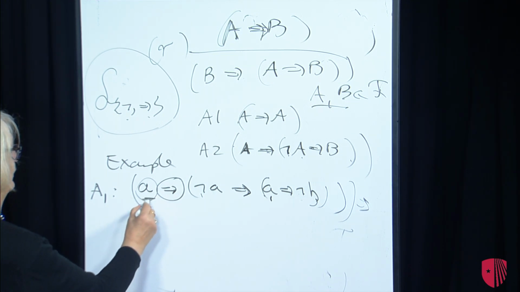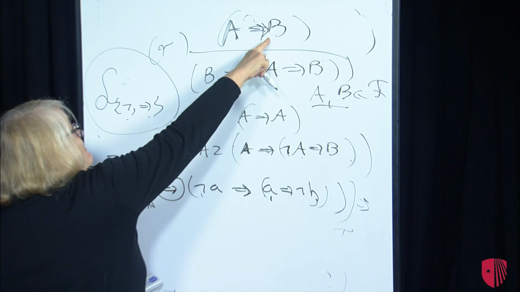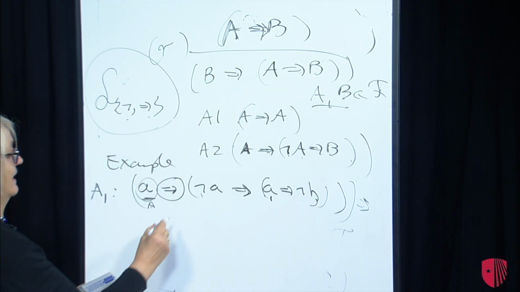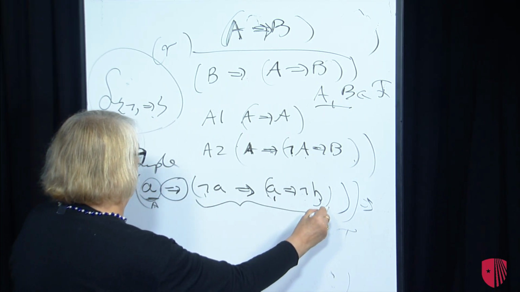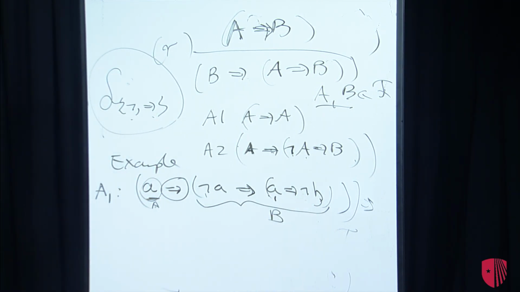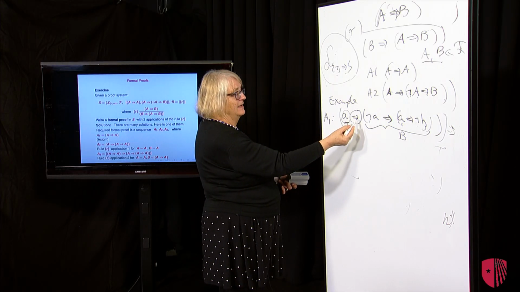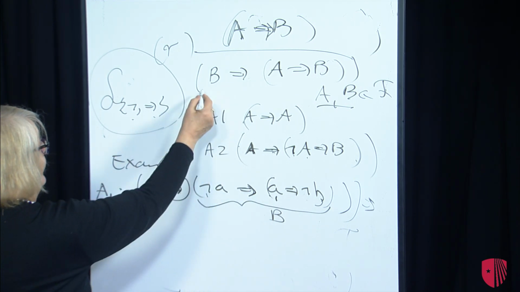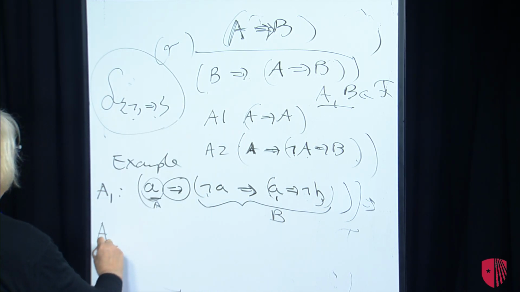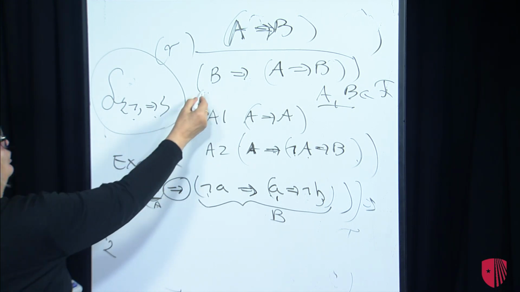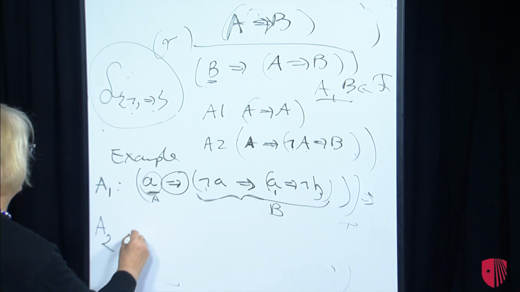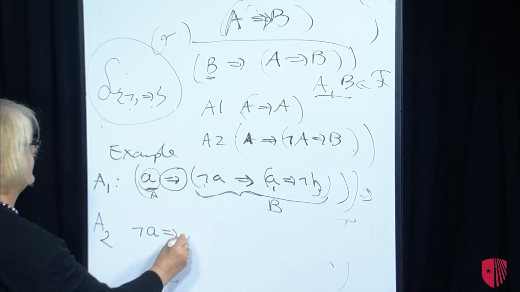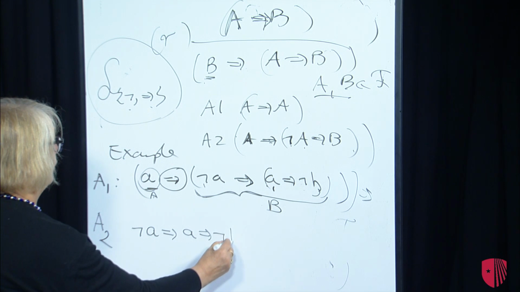So for the rule, this is A, and that is the whole B. So the rule says if I have A implies B, I can write as second conclusion what? B. So B is the whole thing, so you write not A implies A. You write the whole B.